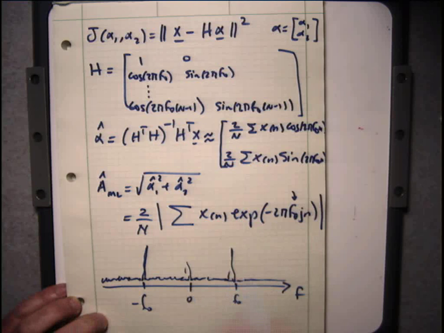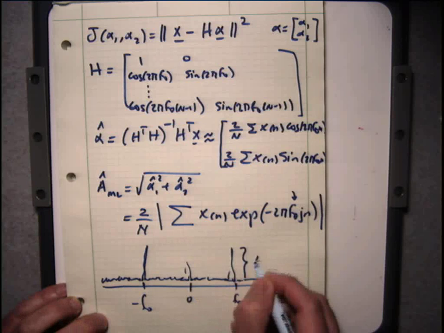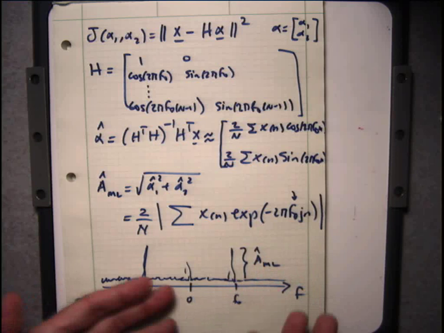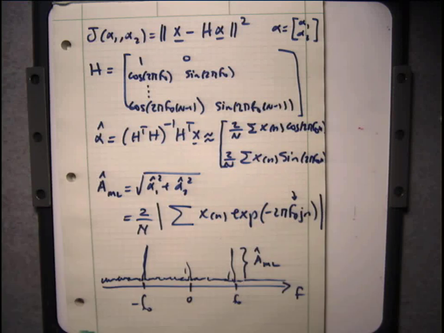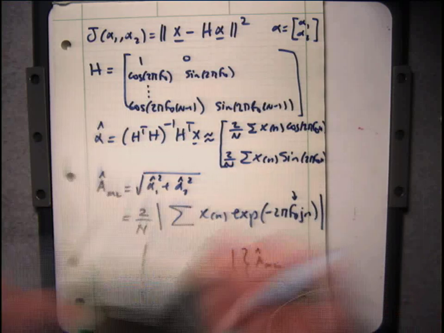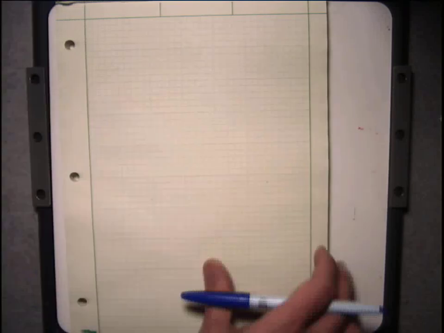And this height is exactly A hat. So the maximum likelihood estimate is in fact the magnitude of the Fourier transform that you got. The process is that you took the signal, you FFT'd, took the amplitude, and you read off the number.